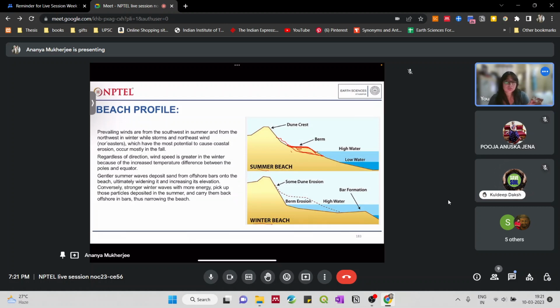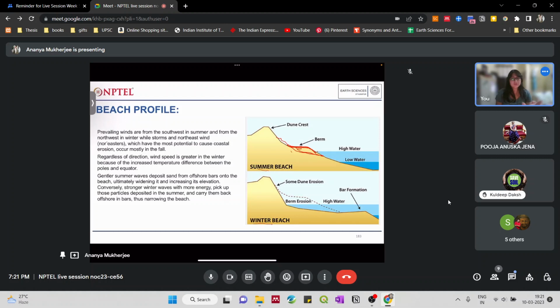Actually, the wind is not that strong in the summer. It's gentler. There is still going to be erosion, but the depositional action is a bit more, and that is why you can see the elevation increasing.